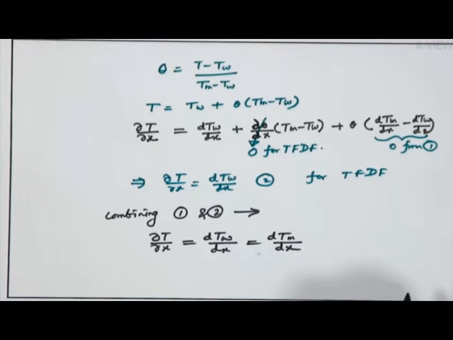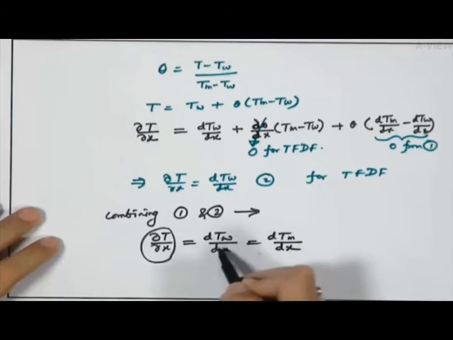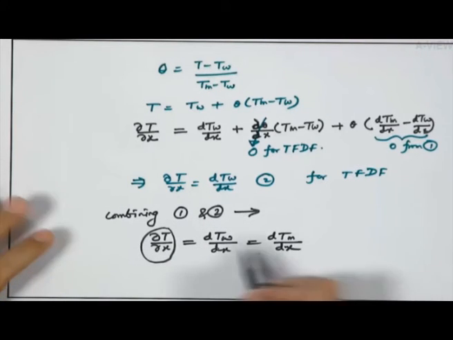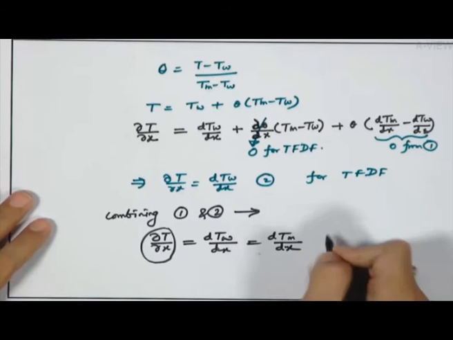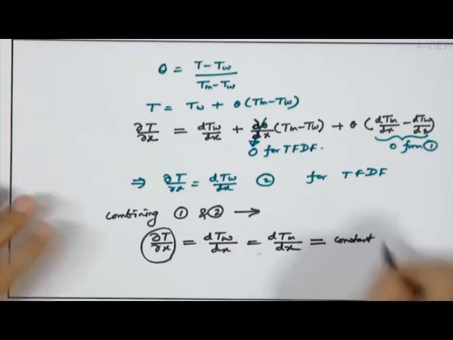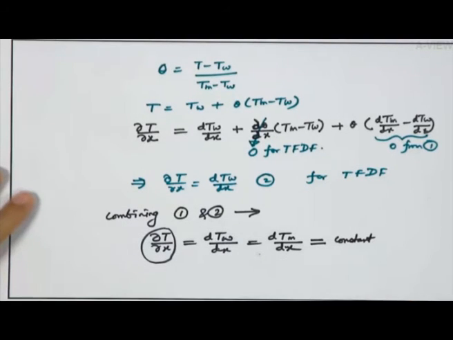What more we can write? See, this is a function of x and y and these are functions of x. A general function of x and y is equal to a general function of x only when each is a constant. This is very important. It is not just that these three are equal, but each of these is a constant.